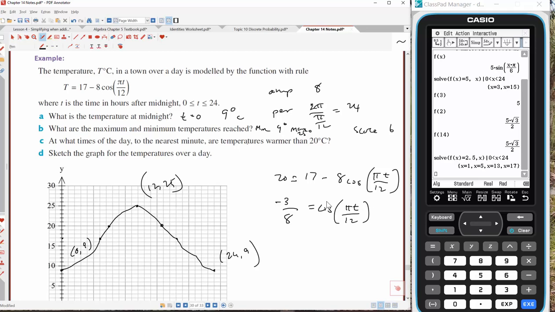Now, once you get to this point and you note that this value is not one that you know an exact value for, then you know that this is going to be a calculator question. So let's do it.